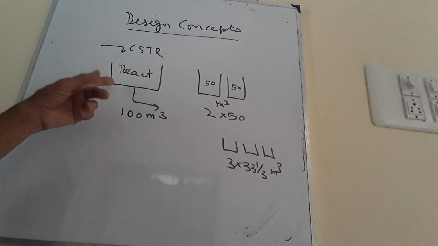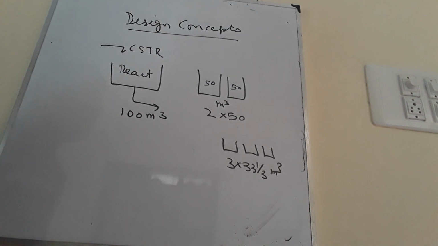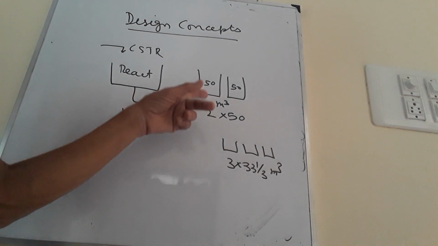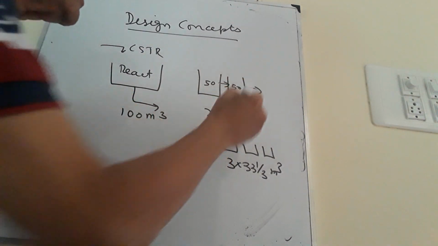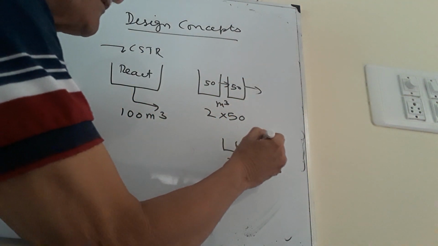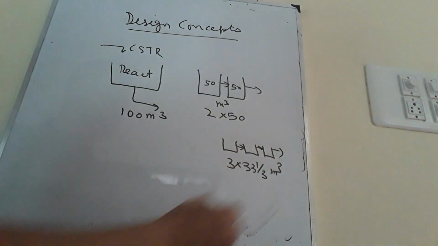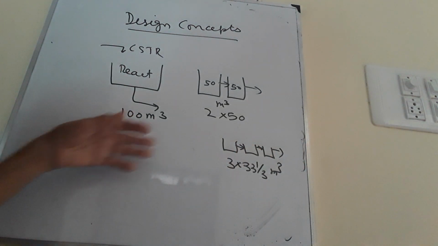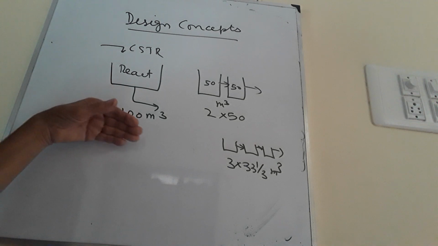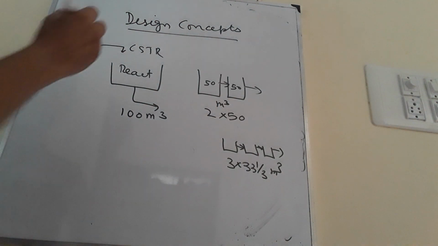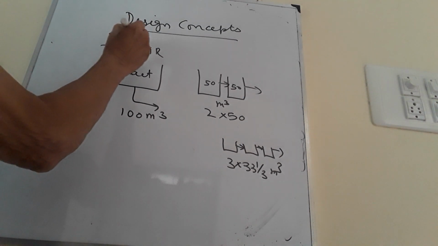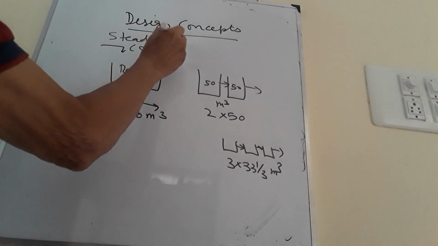Now I can have a single reactor of volume 100 meter cube, or two small reactors of 50-50 meter cube in series, or three small reactors of 33 and 1 by 3 meter cube. So all are the same, 100 meter cube. So I am doing it single, double, triple. Now this is steady state design.